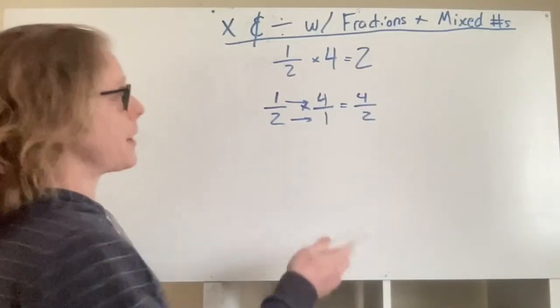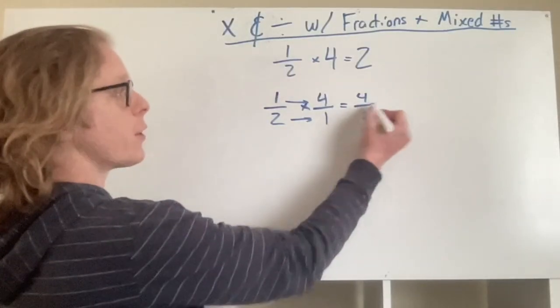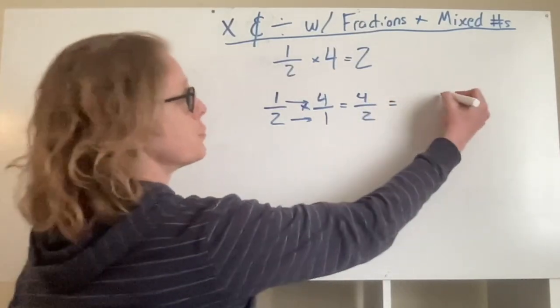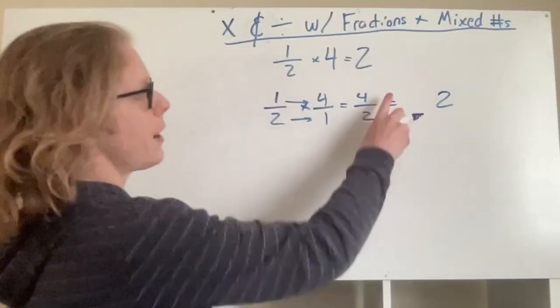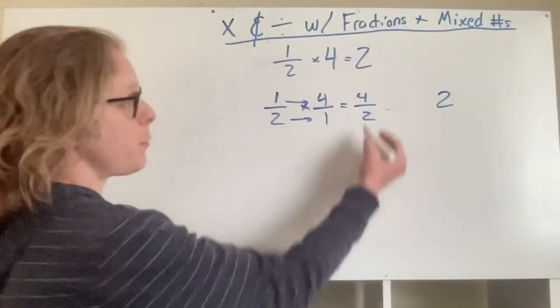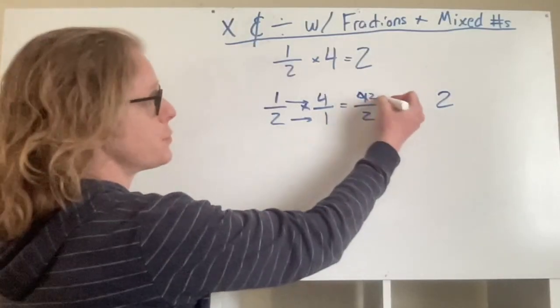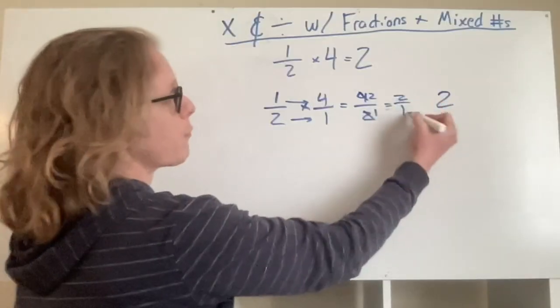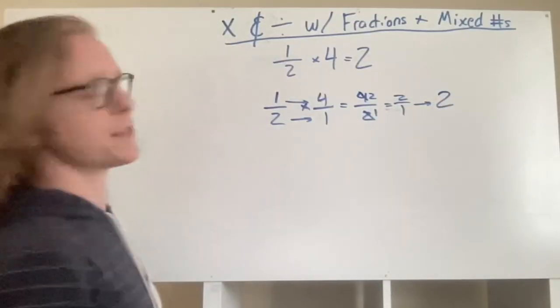From here, I could either remember that a fraction bar is really like division, so 4 divided by 2 gets me 2, right? Or I could remember that this is a fraction, so I can simplify it. These are both 2 times tables, so this becomes 2, this becomes a 1. So it becomes 2 over 1, which is the same thing as 2.